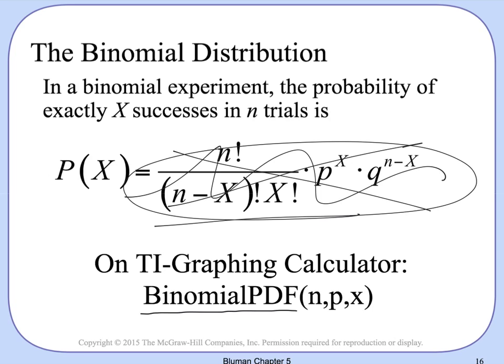I'm curious who can find that on their calculator, where it's at. If you search around, can you find where it's at? You're finding something that says binomial PDF. And this is a probability distribution. And so you're probably looking under the stat button, right? It's not in the stat button.